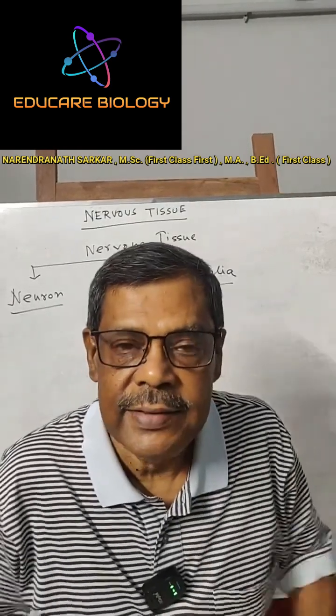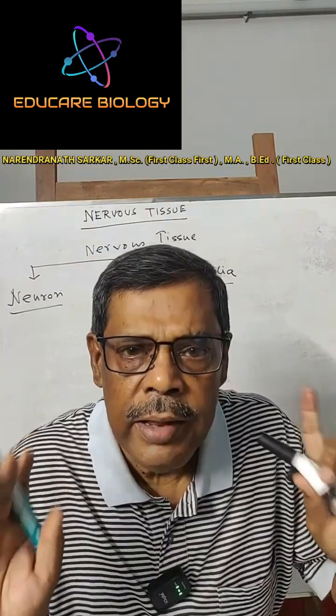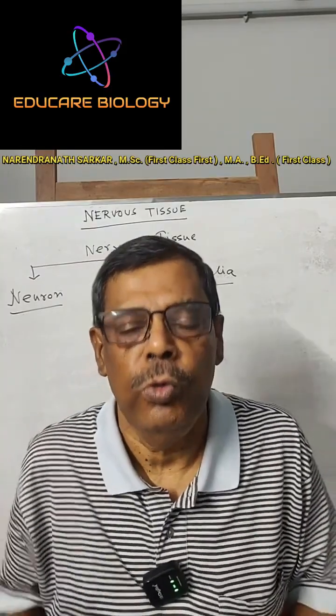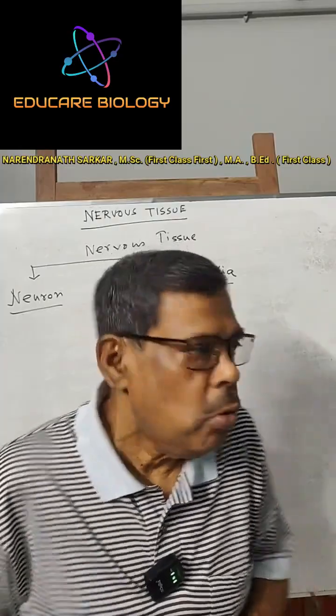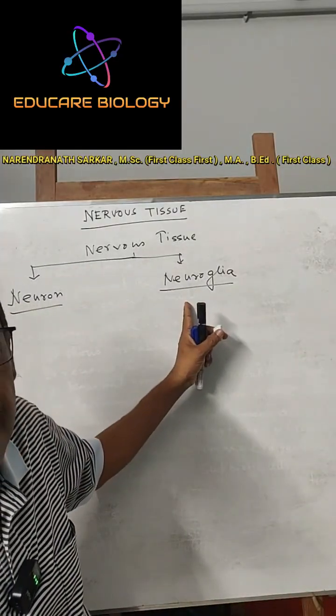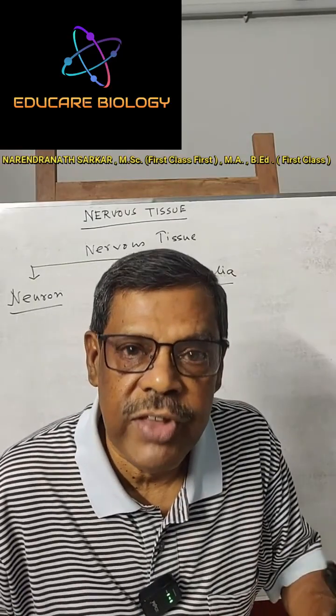The number of glial cells is more than the neuron in nervous tissue, though it is a modified connective tissue cell.